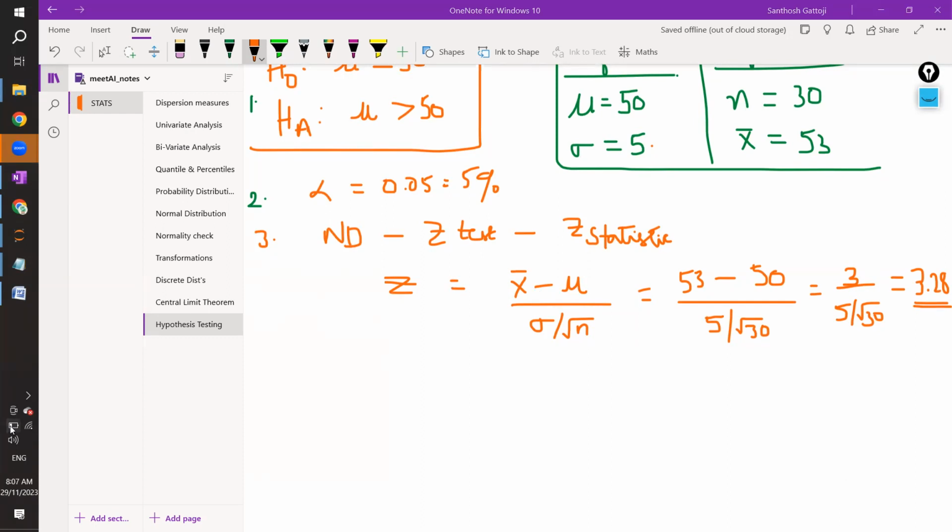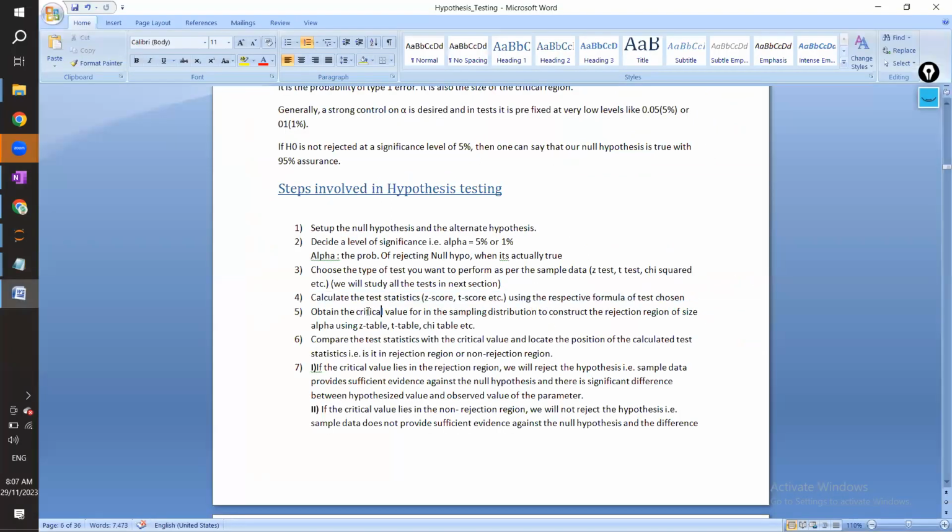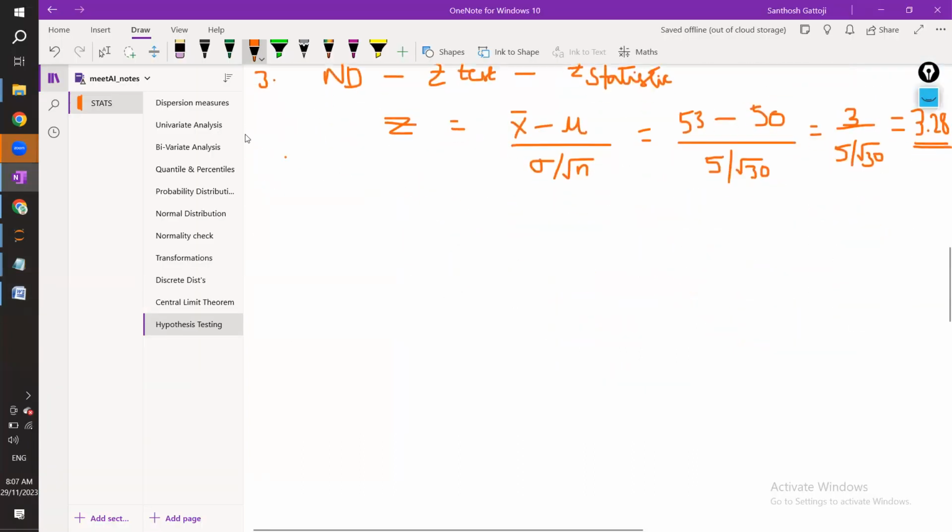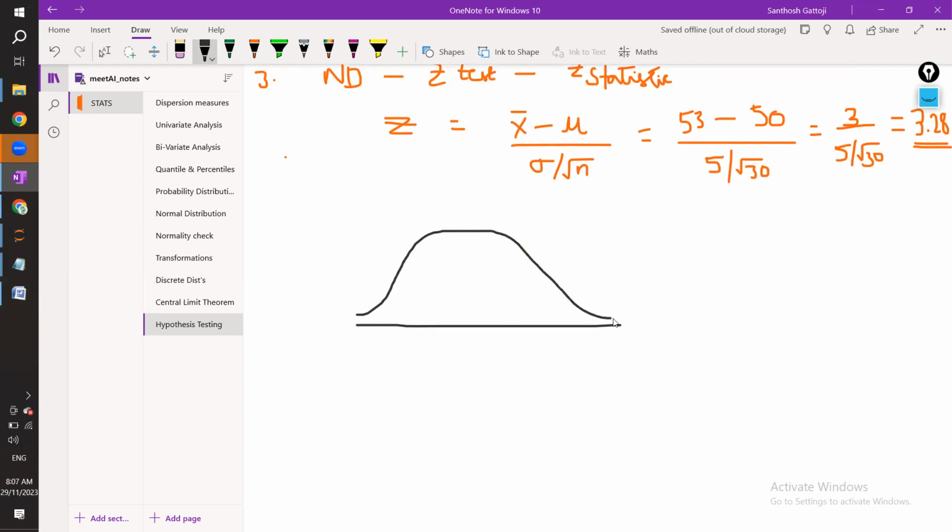Yes, sir. Okay, cool. So the next thing is you need to create the rejection region. Obtain the critical value and construct the rejection region. So this is important. Now, since it is a normal distribution, assume it's a normal distribution.